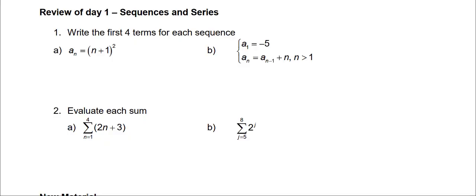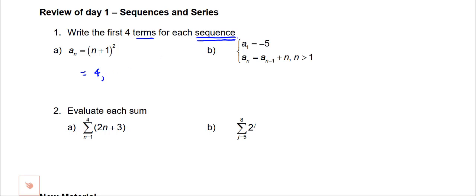All right, so here, first 4 terms, I plug in 1, I get 4, is that correct? Now terms for a sequence, what do I put next? Comma or plus? Comma. This is a sequence only.